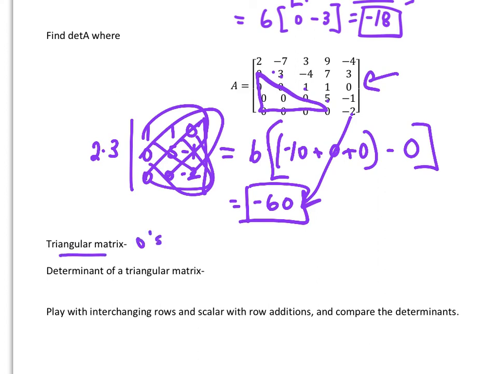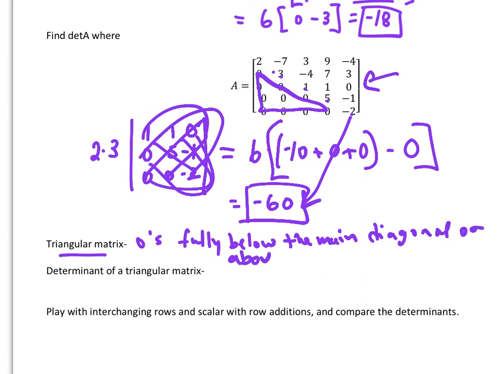So then this would be zeros either fully below the main diagonal or it could be above. Either one would give us a triangular matrix.